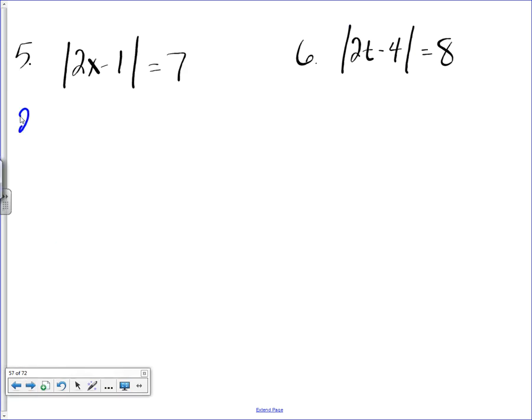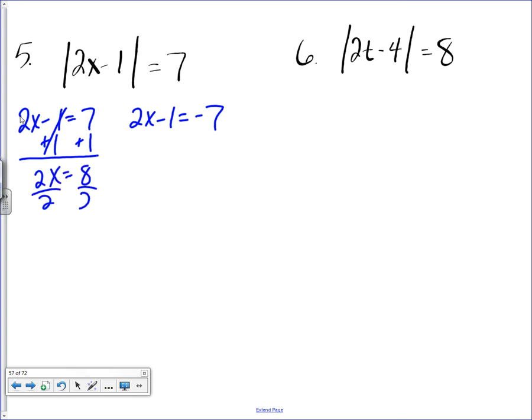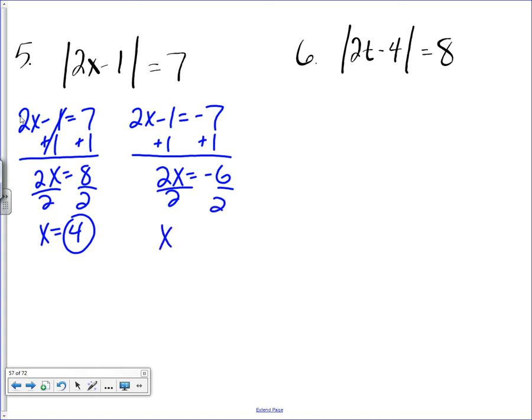Number 5 looks okay, so we'll go ahead and set that up. And we'll solve. And I get my 2 answers. Okay, 4 and negative 3. Again, number 6 here looks okay.